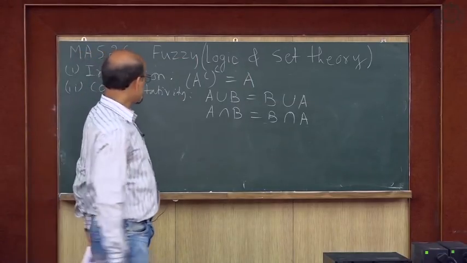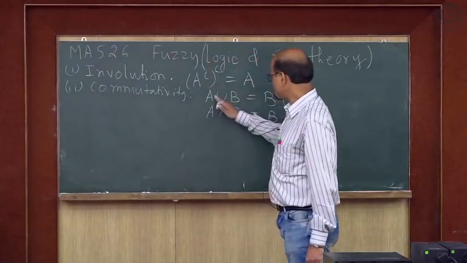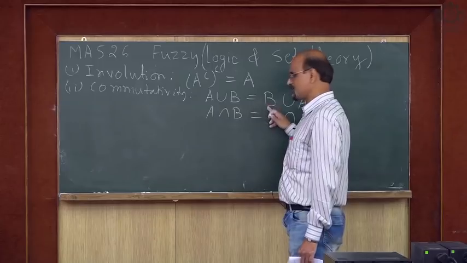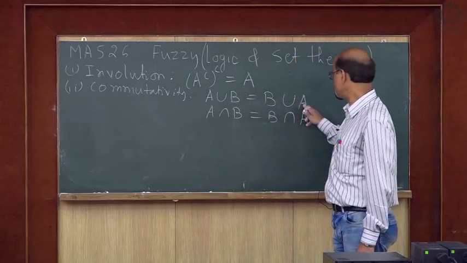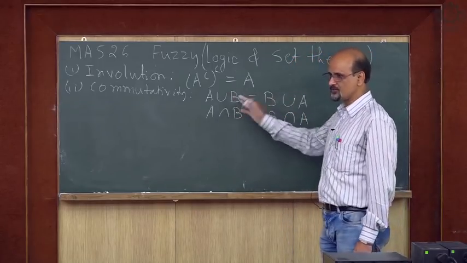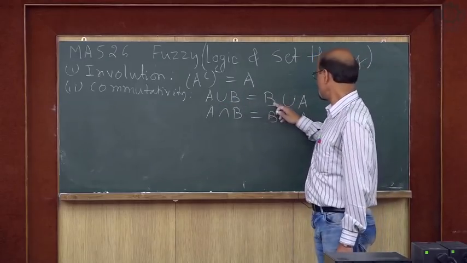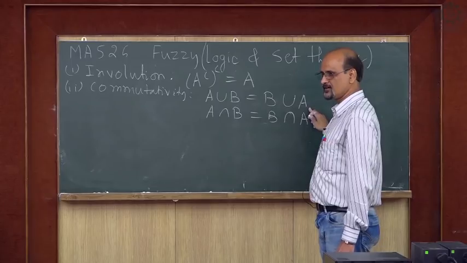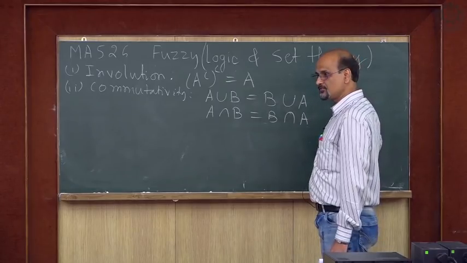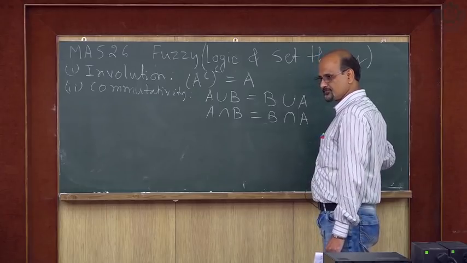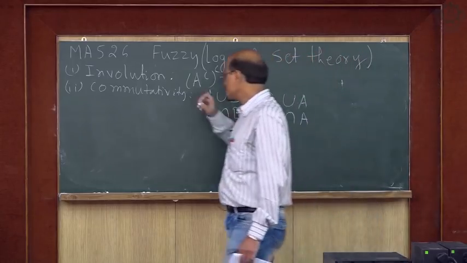Mathematically it is okay, but it means if I first take A and take union B, whatever result you get, if I first take B and then take union A, same result. So this is commutative, order does not matter, whether you take A union B or B union A. As plus is commutative, but minus is not.